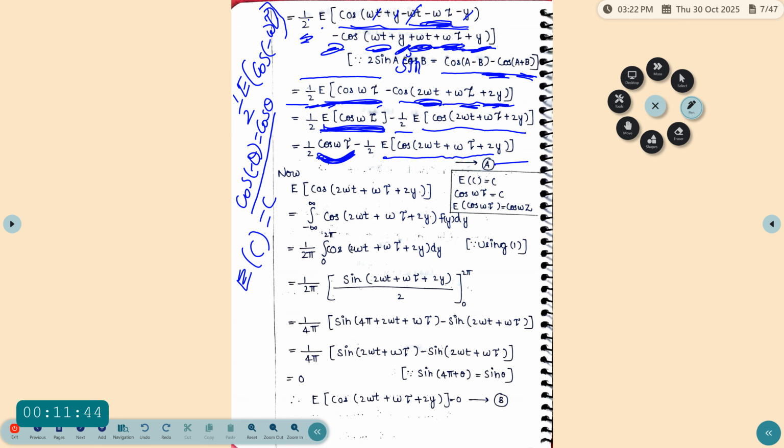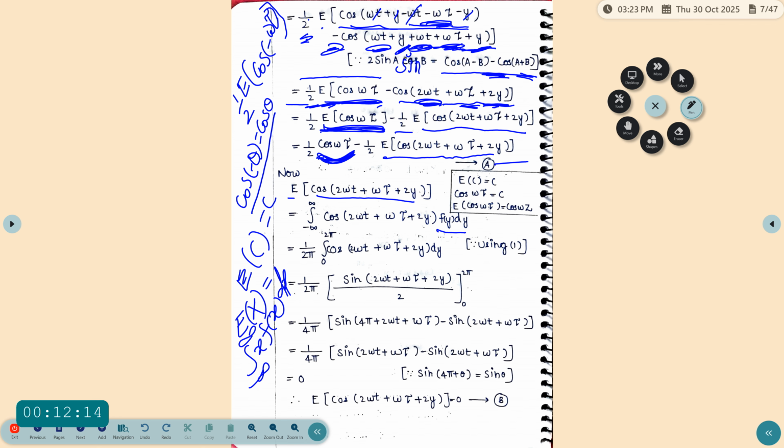because the expectation of one variable exists in that variable. So expectation of x means integral minus infinity to infinity x into f of x dx. Similarly here, the expectation means cos 2 omega t plus omega tau plus 2y into f of y dy, because y is the variable here.